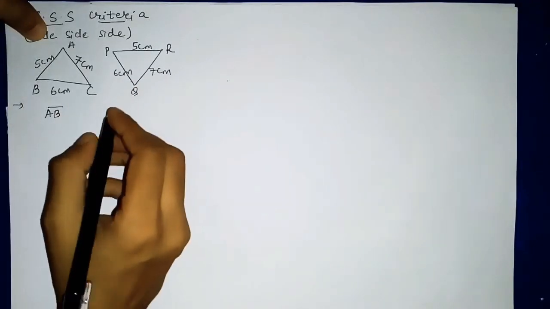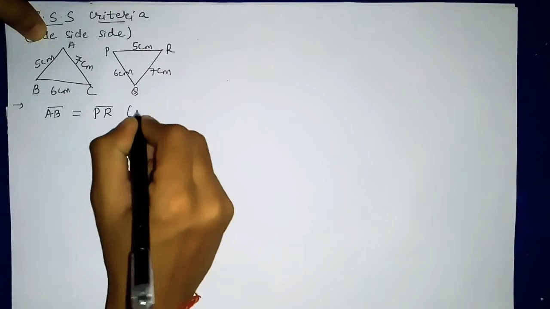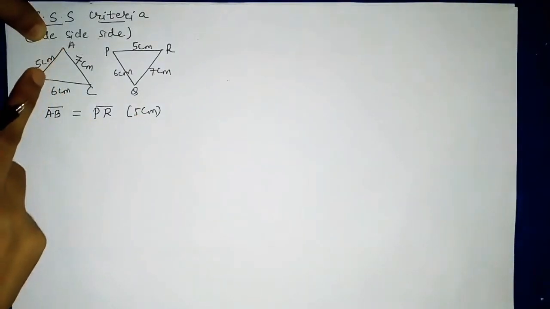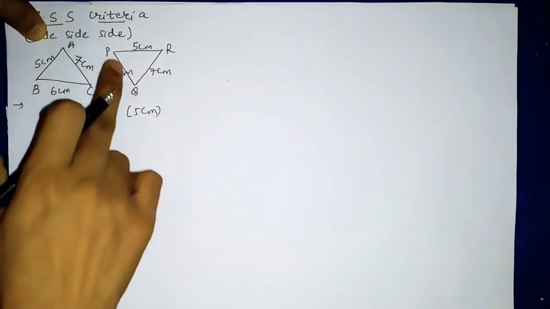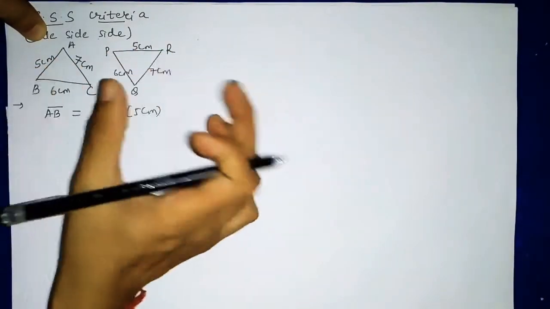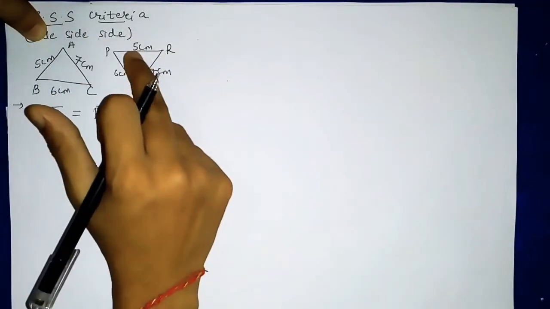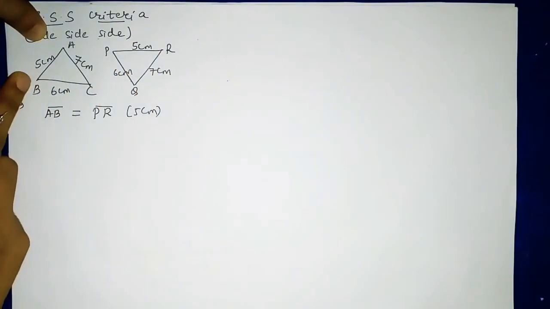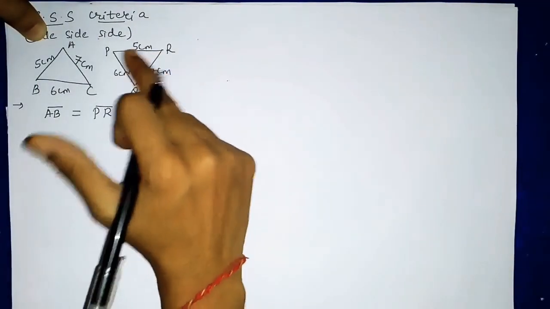So AB is equal to PR, and they both are 5 centimeter. Now don't get confused, don't take AB with PQ. आपको measurement देखना है, कौन सा measurement same है. ये 5 है, so AB के साथ ये वाला part आएगा. So you need to be very careful when you write the parts. So AB equal to PR or AB is correspondence with PR.